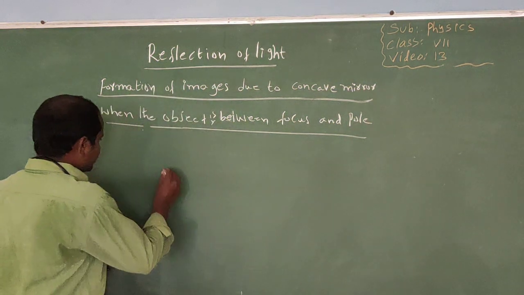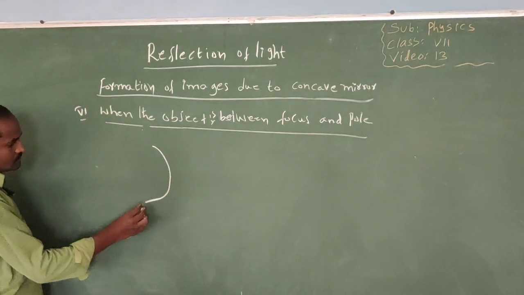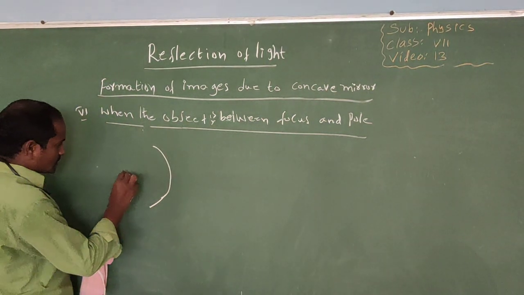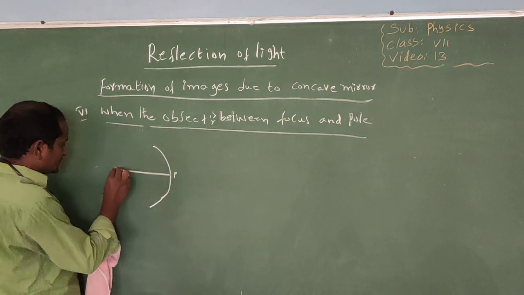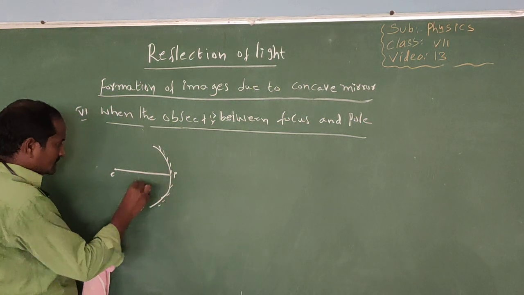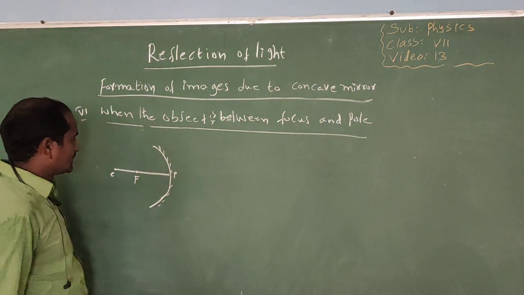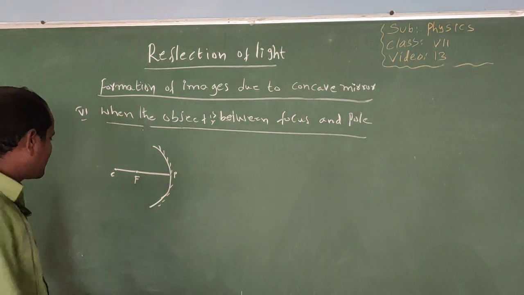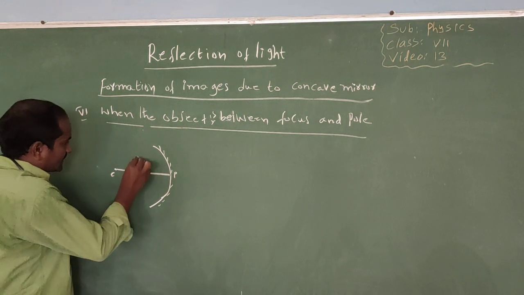Once again, I will draw it. It is the pole, the center of curvature, and the focus F. Now the object is between the focus and the pole. So this is the object.